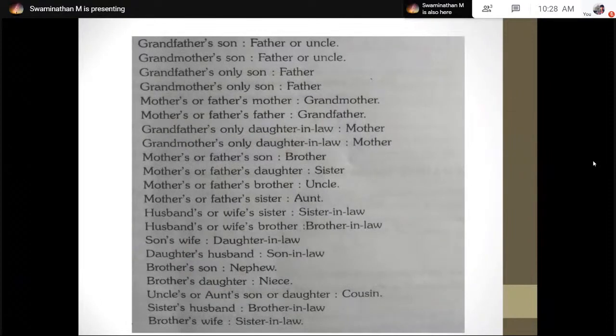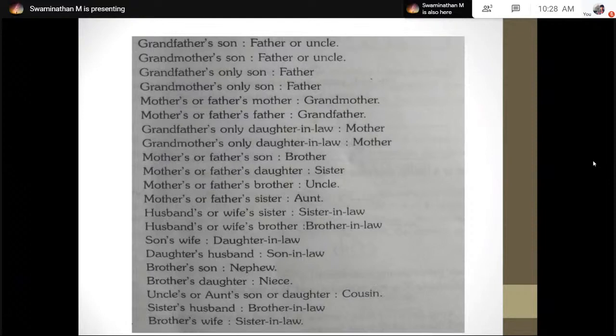First, we shall see some basics for blood relation. These are some of the words that might confuse during the test, because many don't get what they are actually conveying.